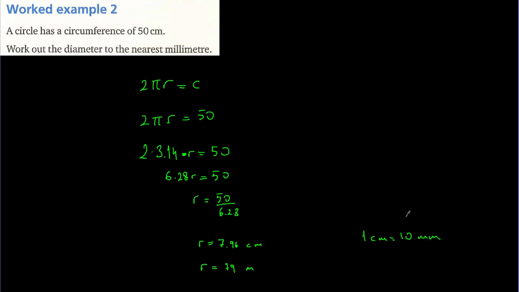So I'm going to multiply by 10 to get millimeter here, 79.6 millimeter, and that's approximately the nearest. When you round this, it's going to be approximately 80 millimeter. That is the answer, 80 millimeter.